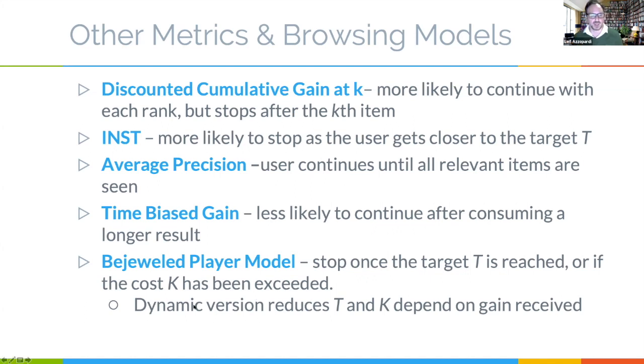They also have some dynamic variants of this, so that if you're not finding any relevant information, you reduce the amount you're willing to spend on that transaction, and thus you'll give up sooner.